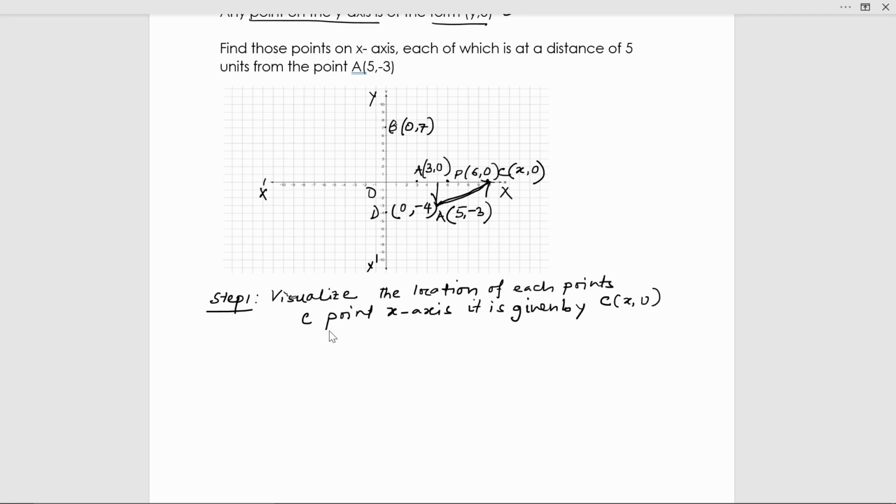And we have point A which is given by A, 5 and minus 3.